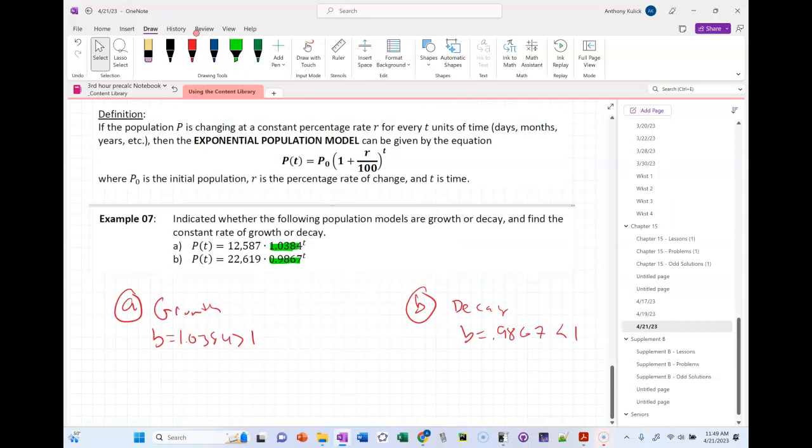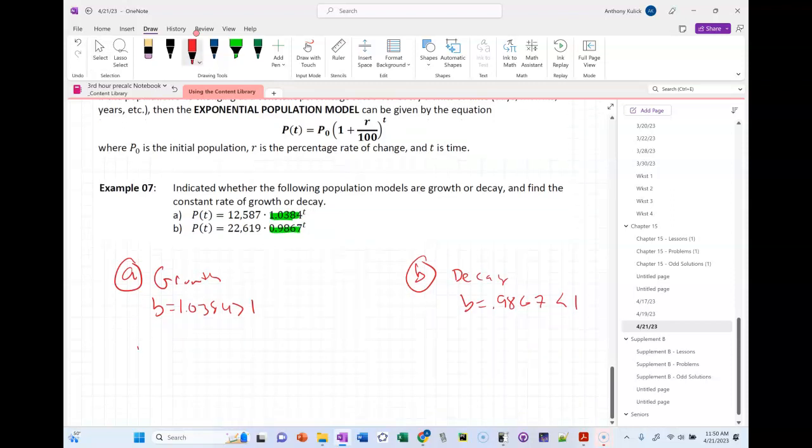Now we also ask for something else, right? We ask you to find that rate, that constant rate of growth or decay. So how do I do that? Well, I'm going to take my value for B, and I'm going to set it equal to 1 plus R over 100.